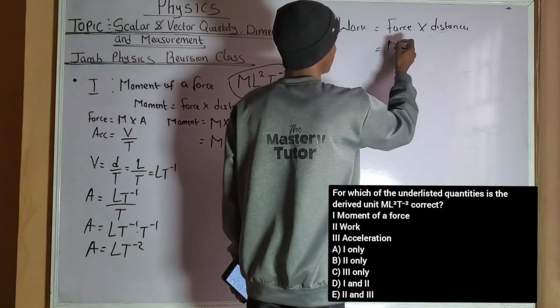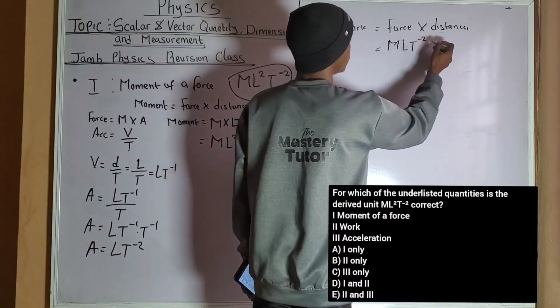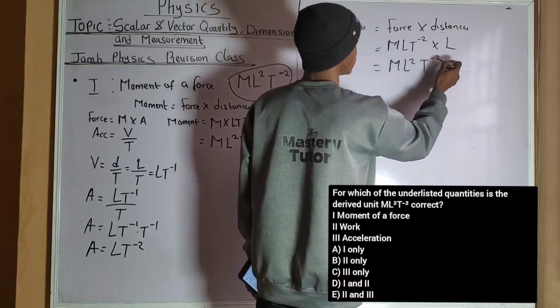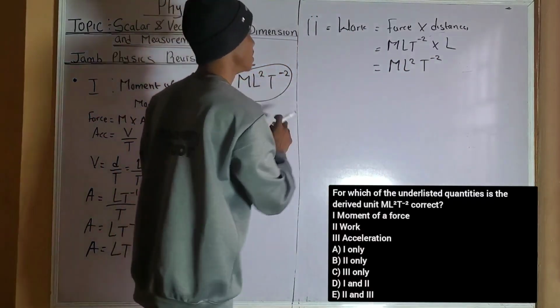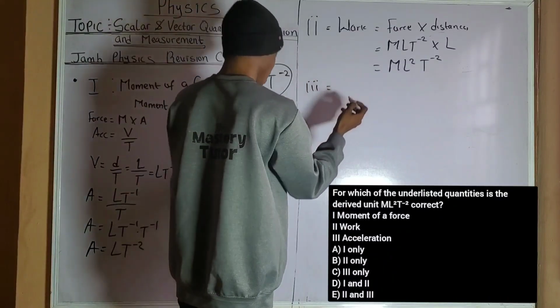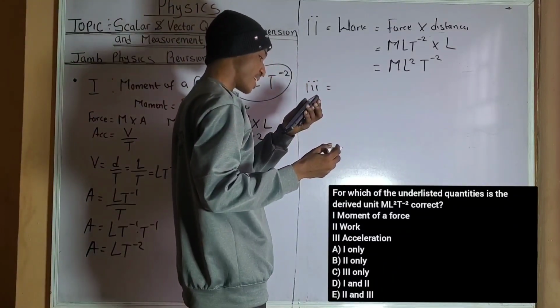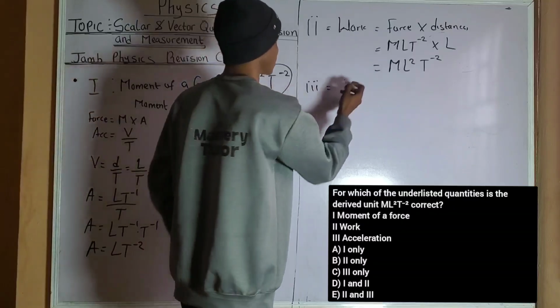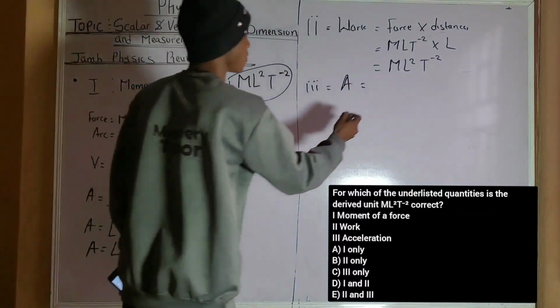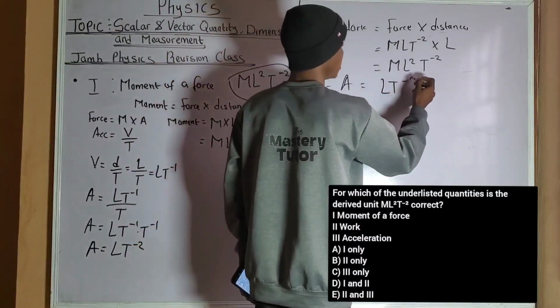MLT raised to power negative 2 multiplied by L, right? So that will be ML squared T raised to power negative 2. So you can see that it's still the same. Then the last one is acceleration, and the dimension of acceleration is LT raised to power negative 2.